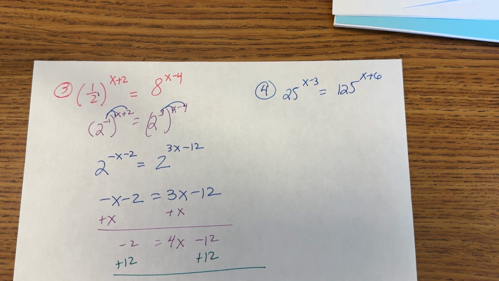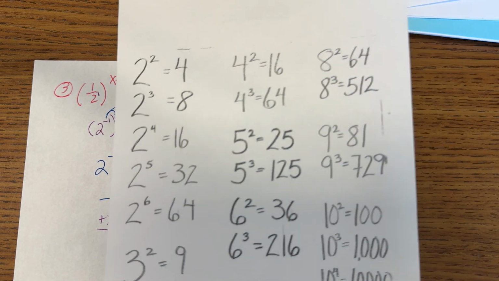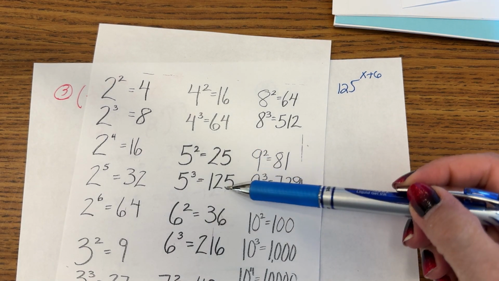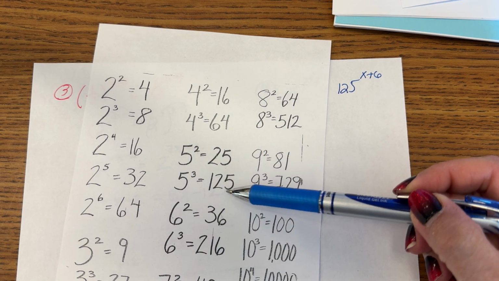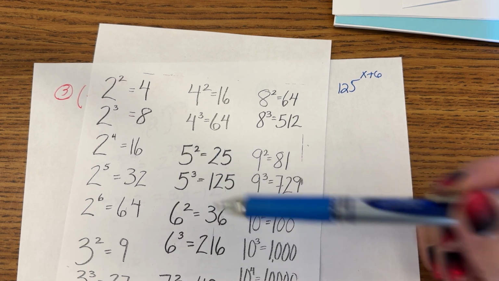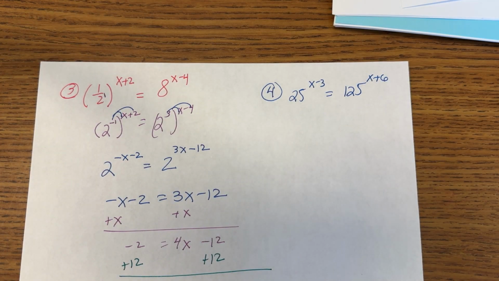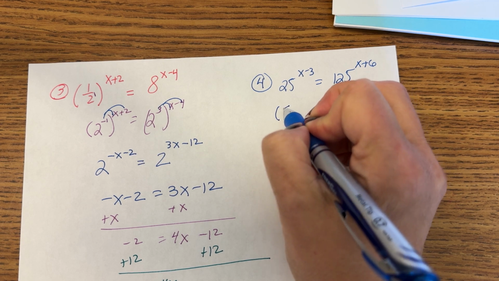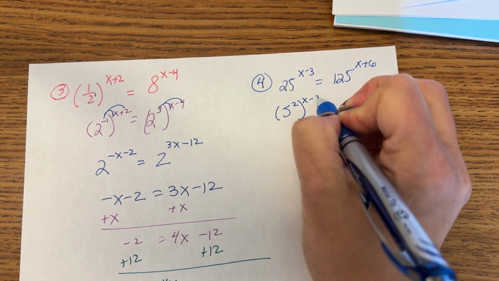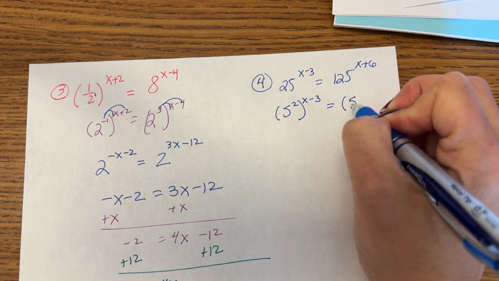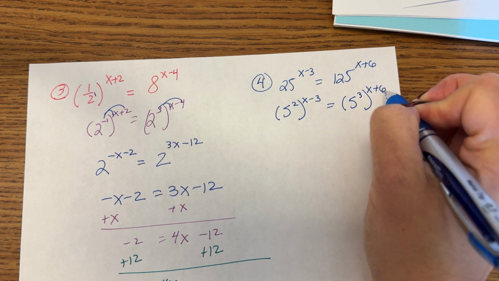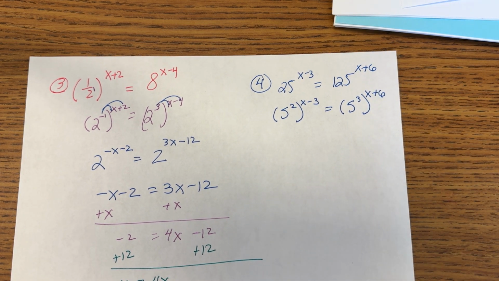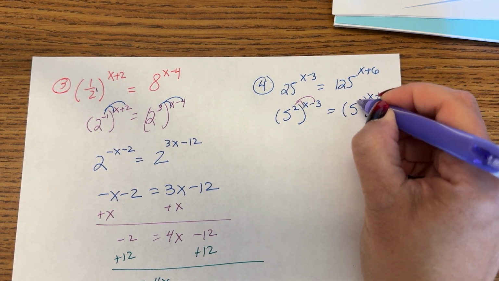All right, did you actually pause the video and try it? 25 and 125 can both be a base of 5. So if 25 is 5 squared, 125 is 5 cubed. Power to a power.